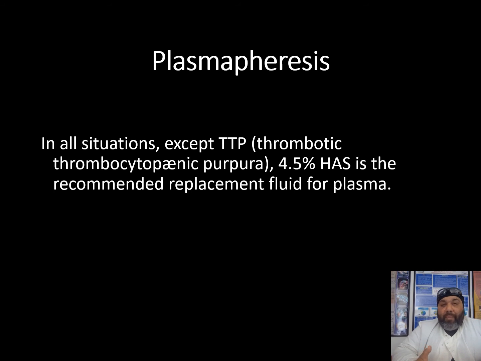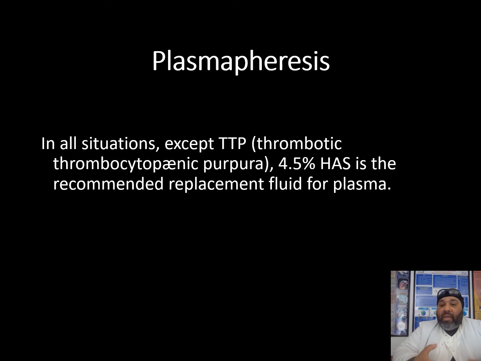So where there is plasma loss, for example in conditions such as TTP, generally plasma, as mentioned in one of the previous podcasts around the definition of blood and hemopoiesis, holds and contains all the other important components that help fight off infection.